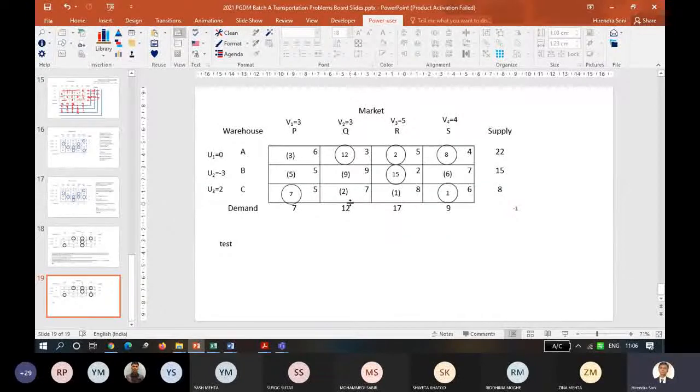So my opportunity cost instead of 7, this would be 5. So 5 minus 2 plus 3. 5 minus 5 would be 0. So my opportunity cost would have been 0. So that means it would have given me an alternate optimal solution and the total cost would not have changed. Clear?